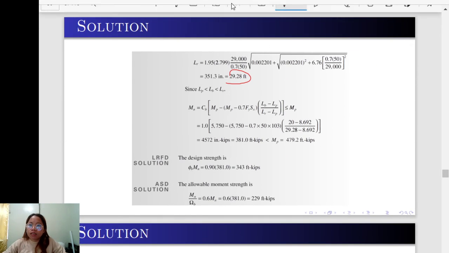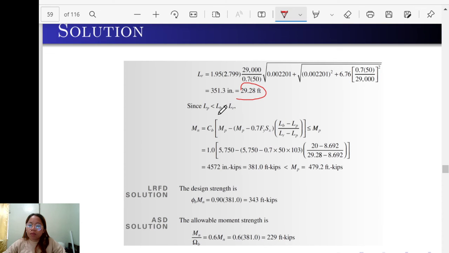Since this L sub b, or the unbraced length, is within the range of L sub p to L sub r, use the value of the nominal moment equal to this formula: C sub b times the quantity M sub p, or the plastic moment, minus the quantity M sub p minus 0.7 F sub y S sub x, times this ratio L sub b minus L sub p over L sub r minus L sub p, which is less than or equal to the plastic moment, no?